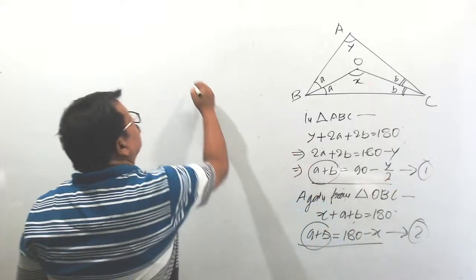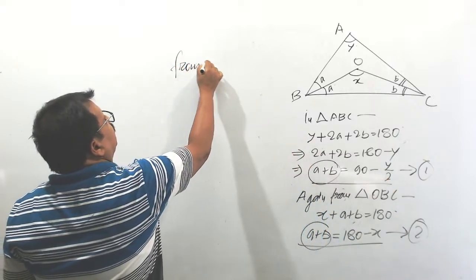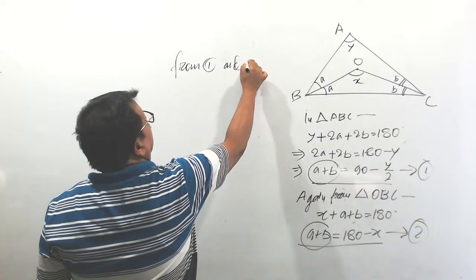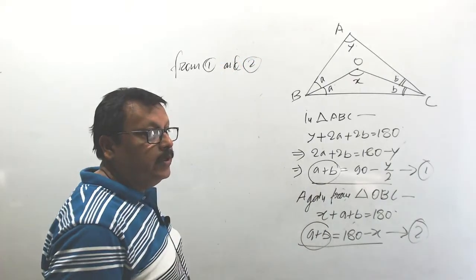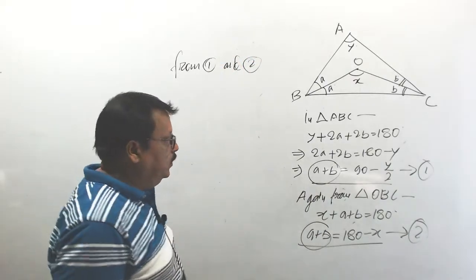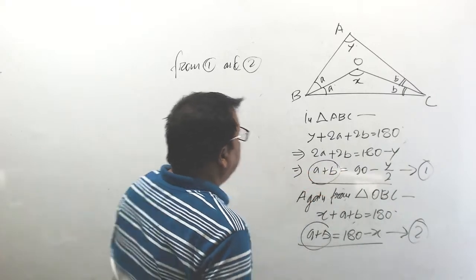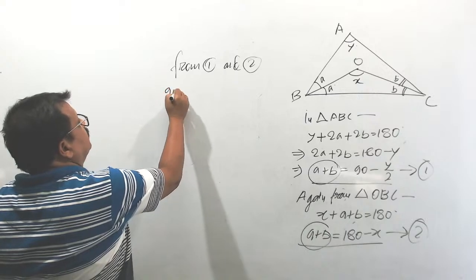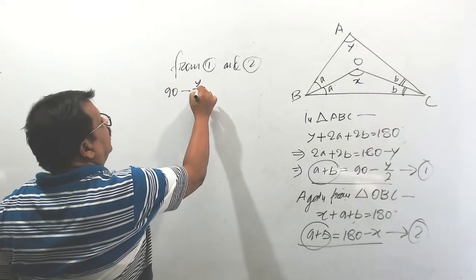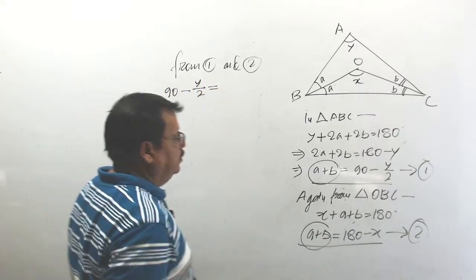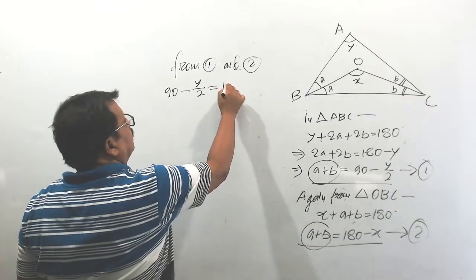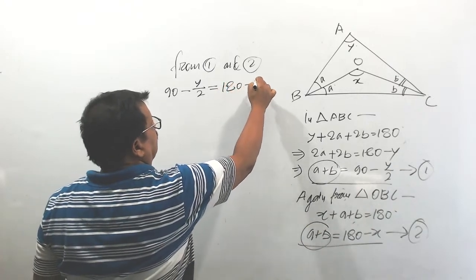From 1 and 2, what can we write? 90 minus y by 2 is equal to 180 minus x.